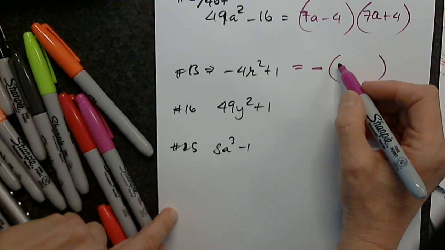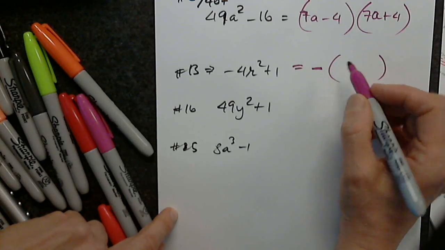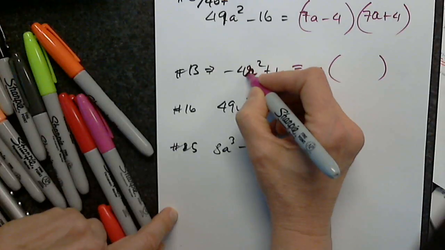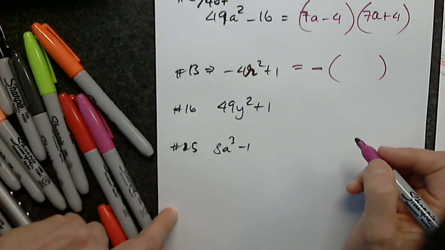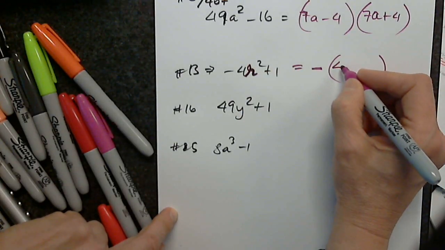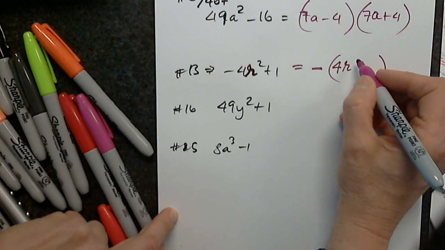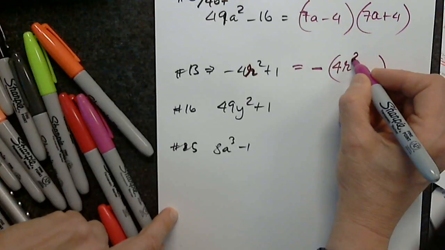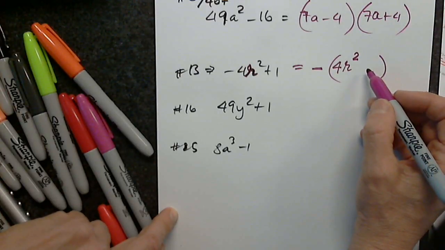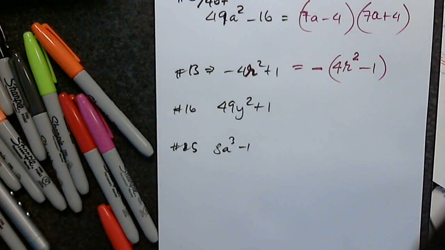Is that an R you have written down here? Sorry. That's okay. So would it be 4r squared? Very good. Remember I showed you last time?